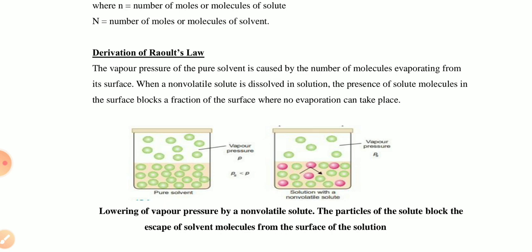In the first diagram there is a pure solvent; in the second diagram a non-volatile solute is added to the solution. So the vapor pressure of the pure solvent decreases because of the presence of the non-volatile solute, which blocks the surface of the solution, and volatilization does not occur.